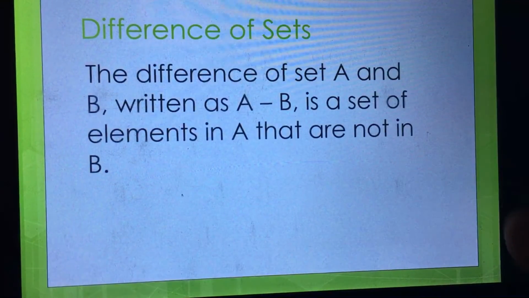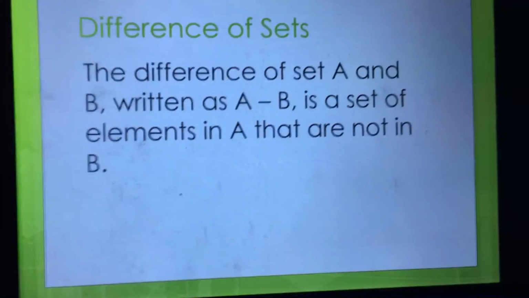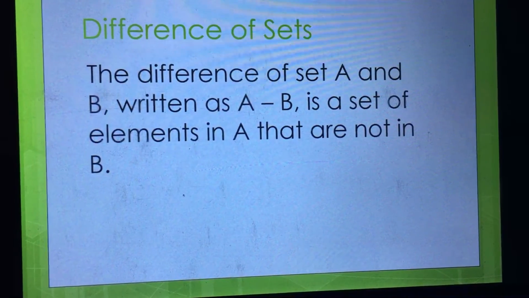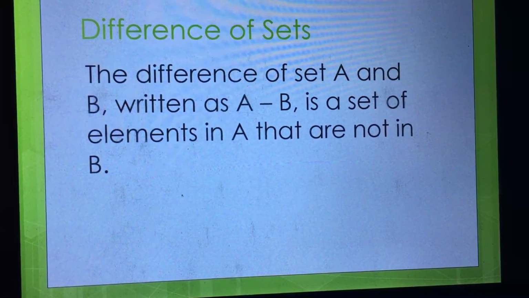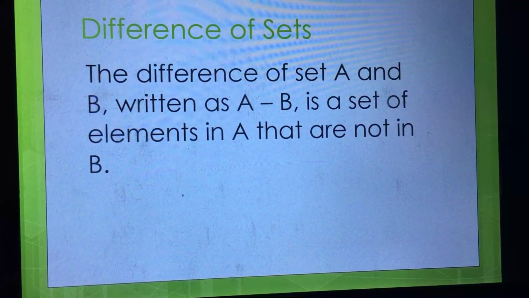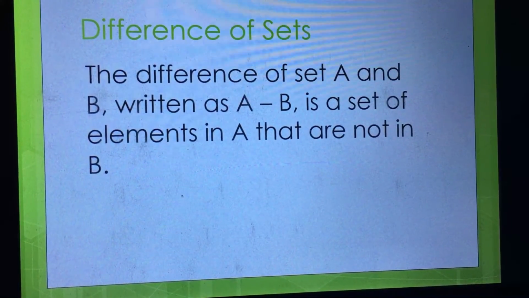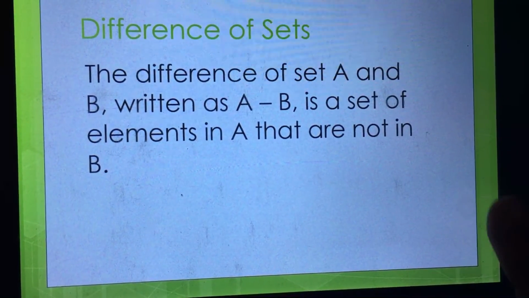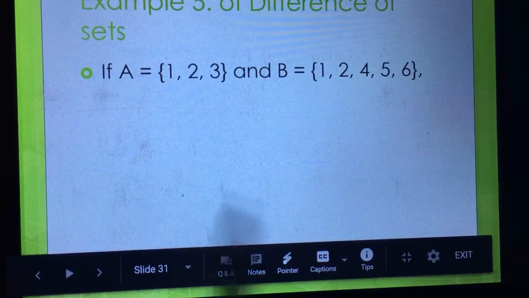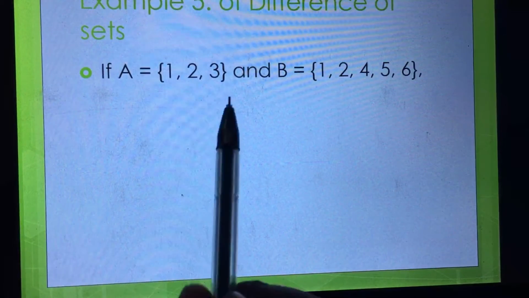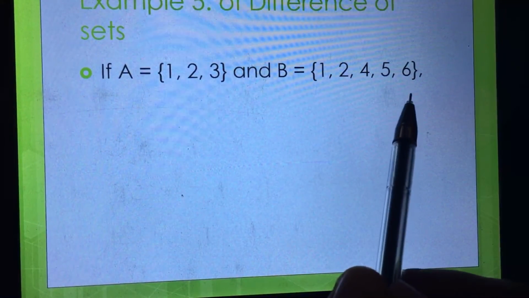Next, the difference of set. The difference of set A and B written as A minus B is a set of elements in A that are not in B. So, ano pong ibig sabihin yan? Nasa A but not in B. So, let's do an example. A has the elements 1, 2, 3. B has the elements 1, 2, 3, 4, 5, 6.